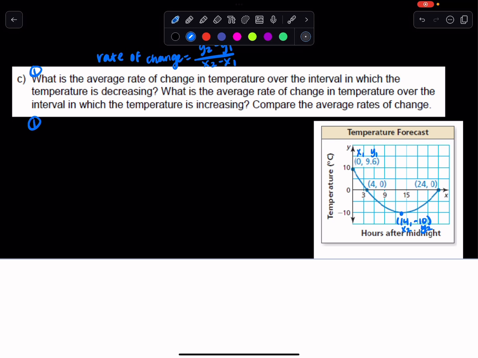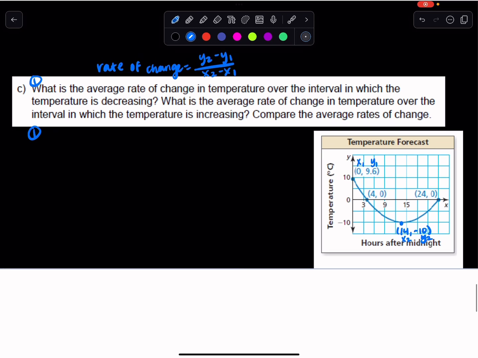So plug that into your rate of change formula. y2 minus y1 is going to be negative 10 minus 9.6 over x2 minus x1, which is 14 minus 0. Then we simplify. So negative 10 minus 9.6 is negative 19.6 over 14 minus 0 is 14. I'm going to use my calculator to simplify this.